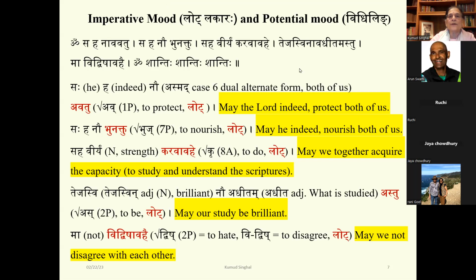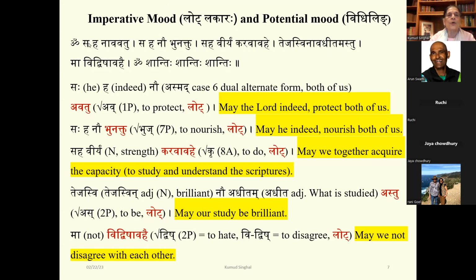So the first verse, which we all have been chanting, and I think all of you know, is a very nice example of lot lakara. So I thought I will take this verse.